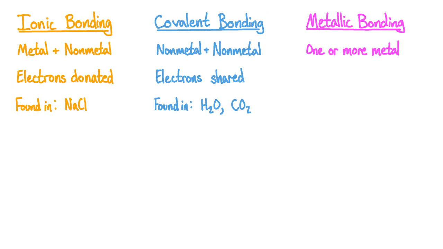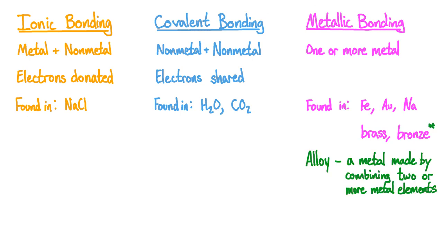Our substances of interest, metals, are made up of atoms of one or more metallic elements. Single element examples include the elemental forms of iron, gold, and sodium. Metals that combine different types of metallic atoms include brass, a combination of copper and zinc, and bronze, a combination of copper and tin.